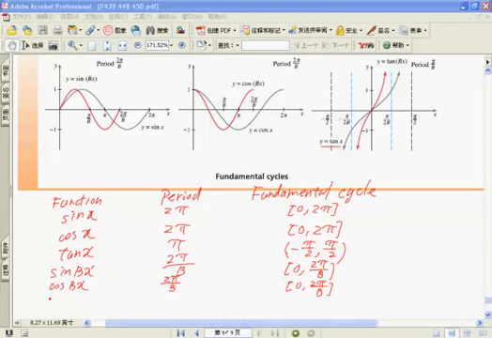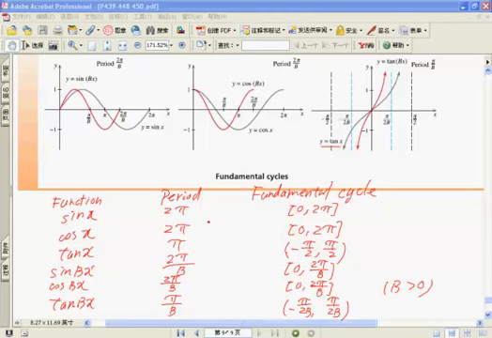And the last one, tangent of bx: the period is equal to pi over b, and the fundamental cycle is from negative pi over 2b to pi over 2b. Here, b is bigger than 0.